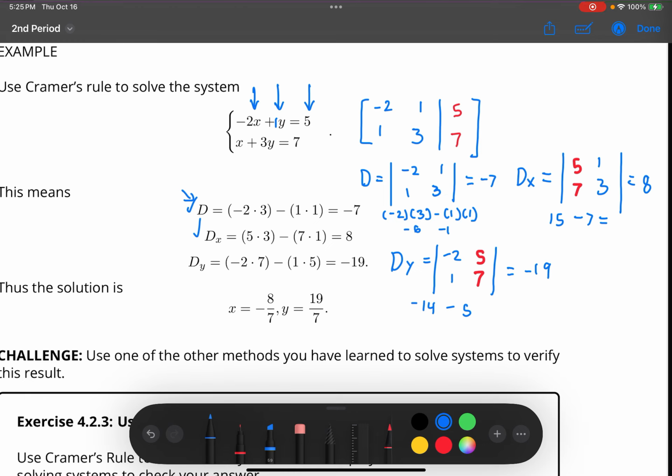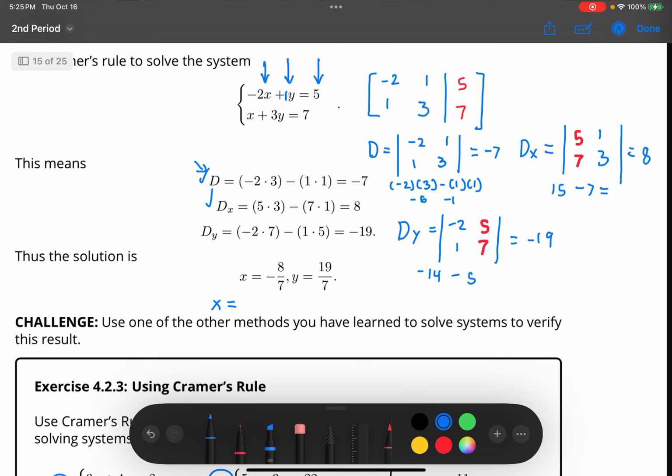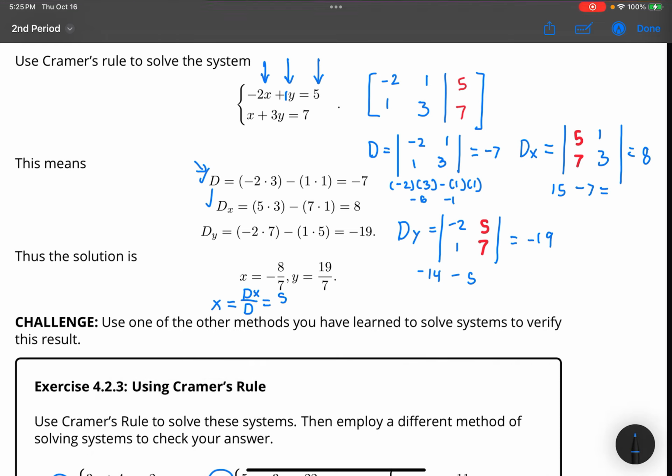And then finally the answer, and that's what they're writing here. I'm going to write it in a way that you can figure out what they're doing: to figure out the x value, which would be our solution, we're going to divide the determinant of x over the determinant, and the determinant of x was 8.